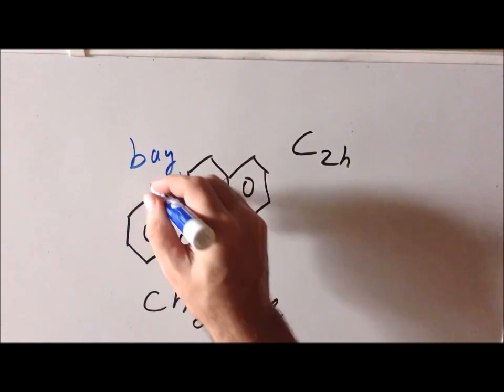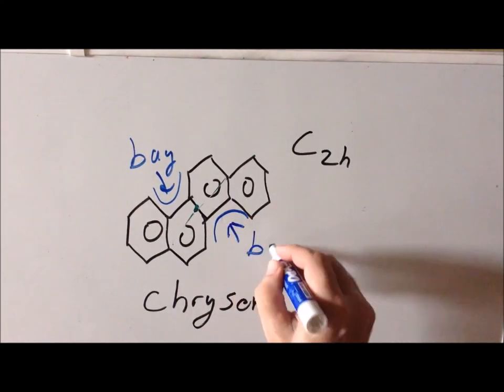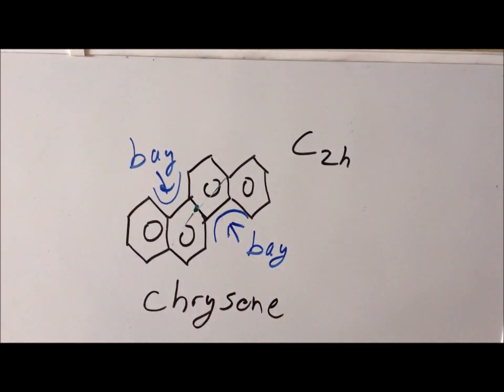So this is a nice sample molecule of a polynuclear aromatic hydrocarbon that both belongs to an important point group, is centrosymmetric, and last but not least, it demonstrates not one, but 2 of these critical bay regions.